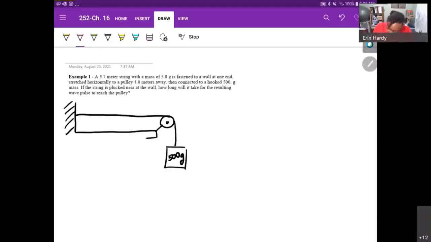We've got a couple of dimensions to work with. We know that our total string length is 3.7 meters, but we know that the distance between the wall and the pulley is 3.0 meters. This is 3.0 meters from here to here. That means this has got to be 0.70 meters from here to here, so that the total length is 3.7.